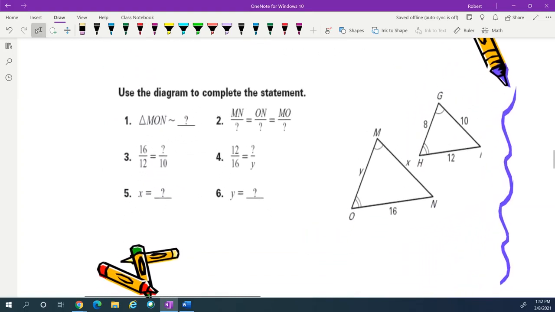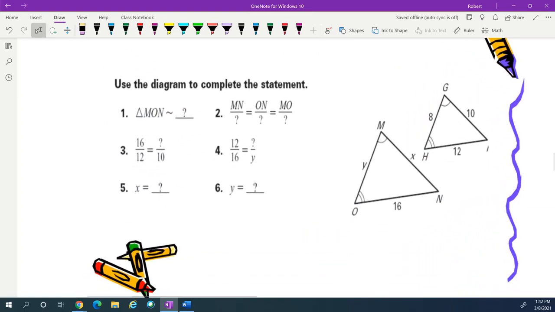So with a little practice, let's fill in our blanks here. Triangle MON, we're going to finish that with triangle GHI. In number 2, this is a 3-part proportion.